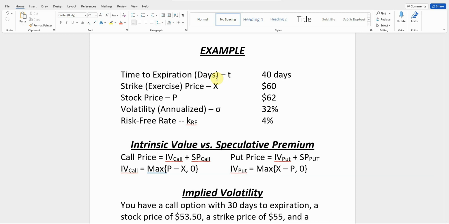If you've got 4 days, you've got 4 over 365 days remaining. So I like to use days over days per year, but in practice, that's not going to make a big difference. Again, I use days over days per year, so 40 over 365.